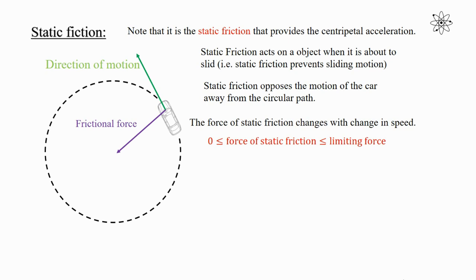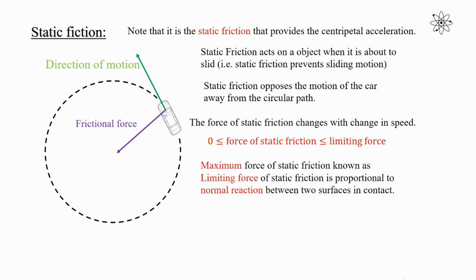Let's understand what is limiting force. The maximum force of static friction is known as the limiting force, and this is proportional to the normal reaction between two surfaces in contact. Therefore, the limiting force of static friction F max is proportional to the normal reaction N. Therefore, F max is equal to mu s into N. But again, students, you have to note down that the given formula is useful only for the maximum force of static friction.